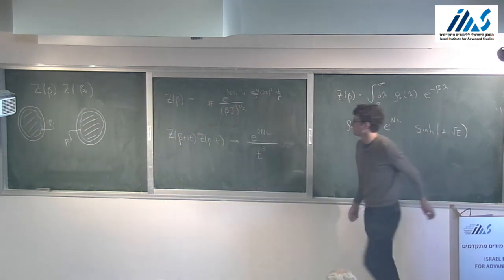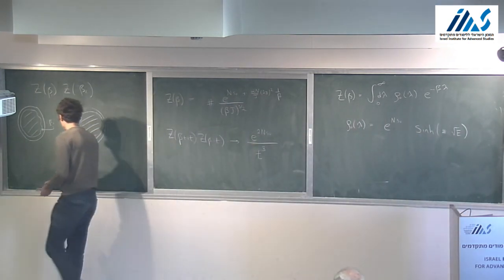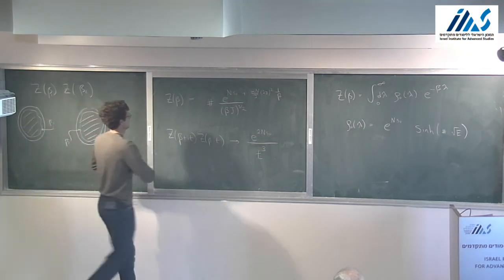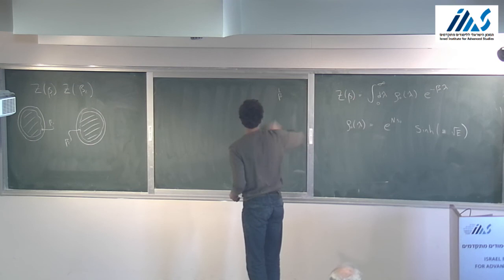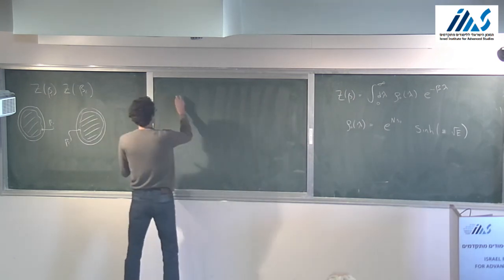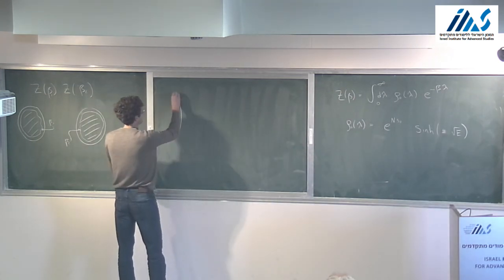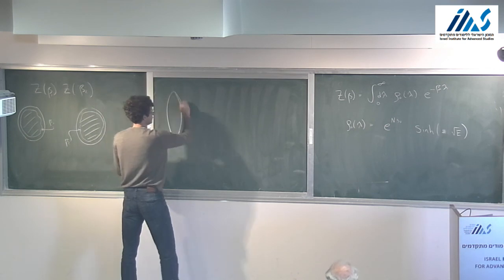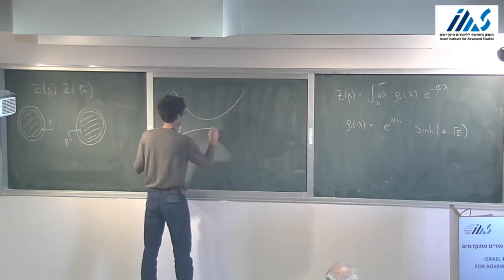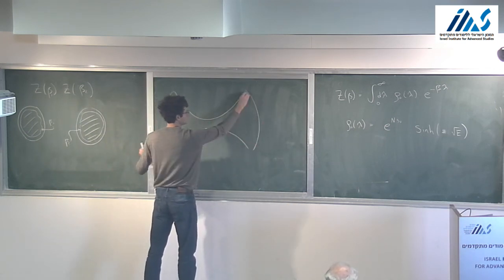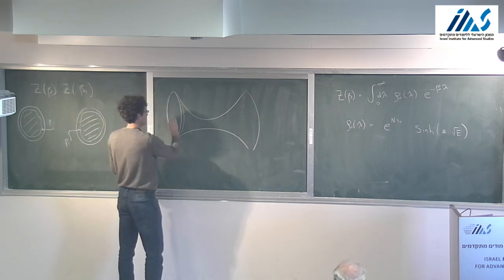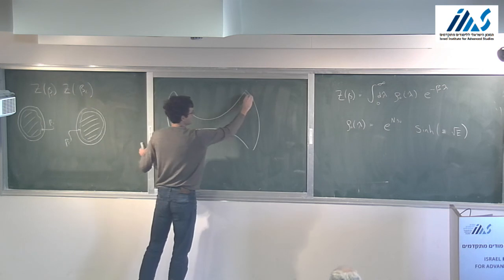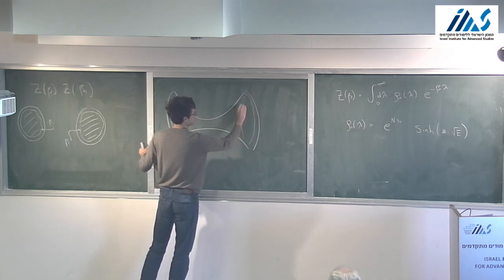But we can imagine another type of manifold that has two boundaries like this. Which is the following. Take something like this, and then we can put one wiggly boundary over here and one wiggly boundary over here.